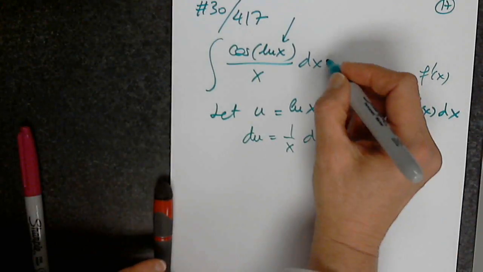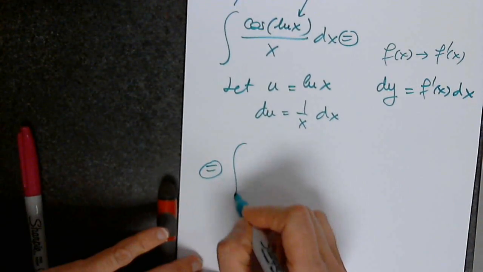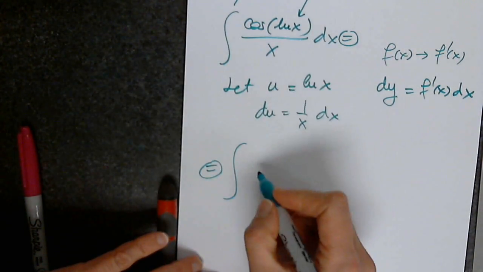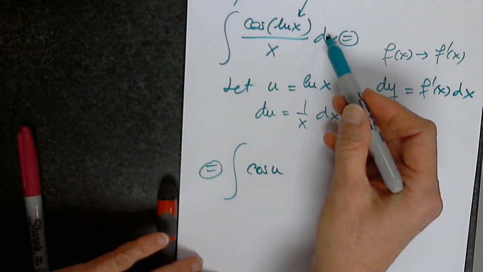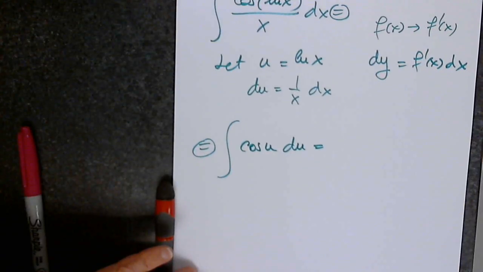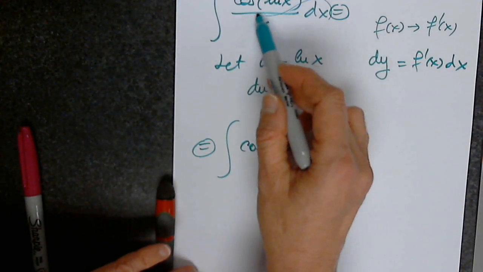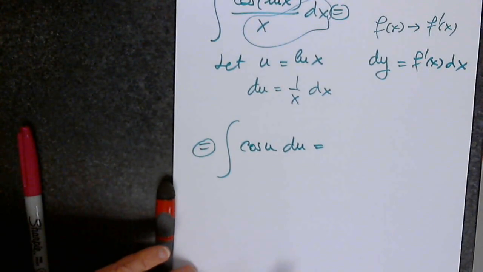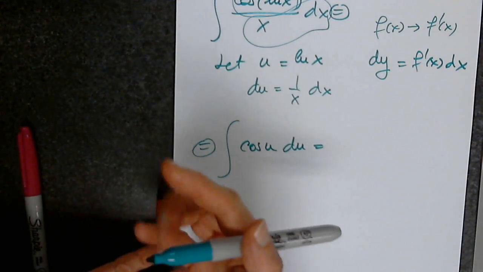Okay. Good. So then I have the integral of cosine u, and dx over x will be du. So this piece is du, and this piece is cosine u. So which function has derivative cosine u?